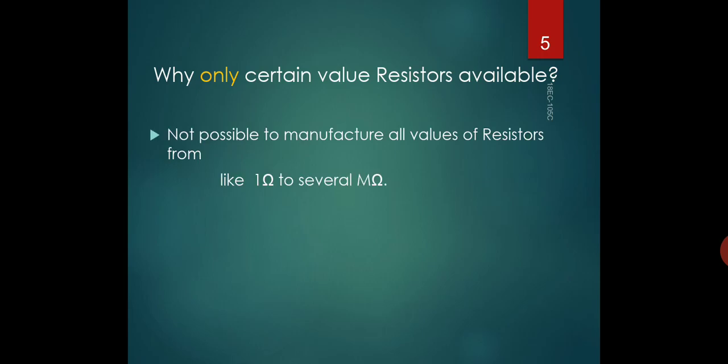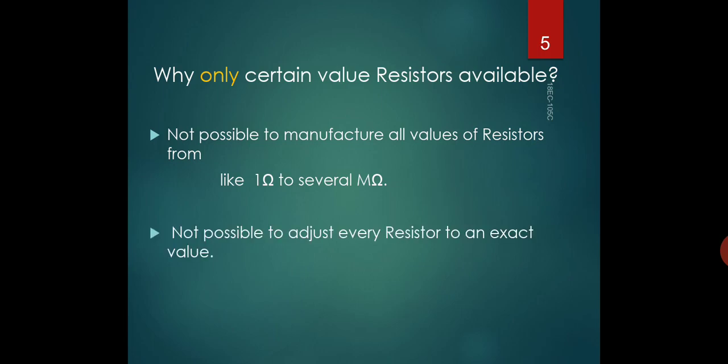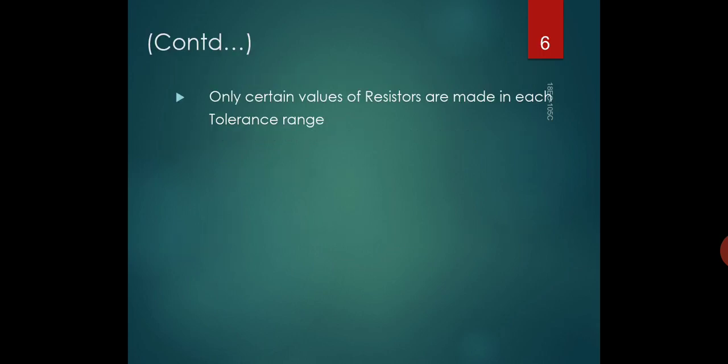Because it is not possible for any manufacturer to manufacture resistors of all values, say from 1 ohm to several mega ohms. The combination is possible but manufacturing is not. It is not possible to adjust every resistor to an exact value. Then only certain values of resistors are made in each tolerance range.